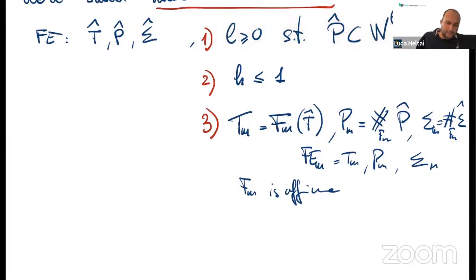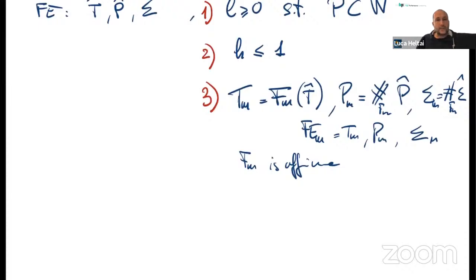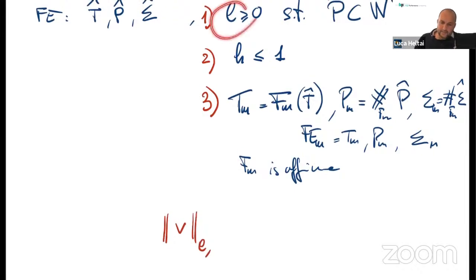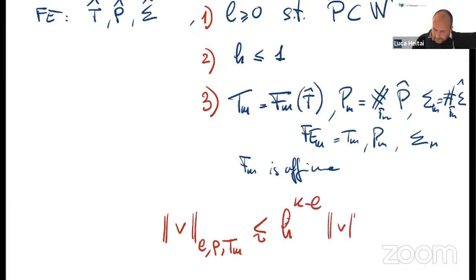So given these three properties, what we want to show is that the norm of V measured in the W^{l,p}(T_m) can be controlled with the power h_m^{k-l} times the norm of V in W^{k,p}(T_m).